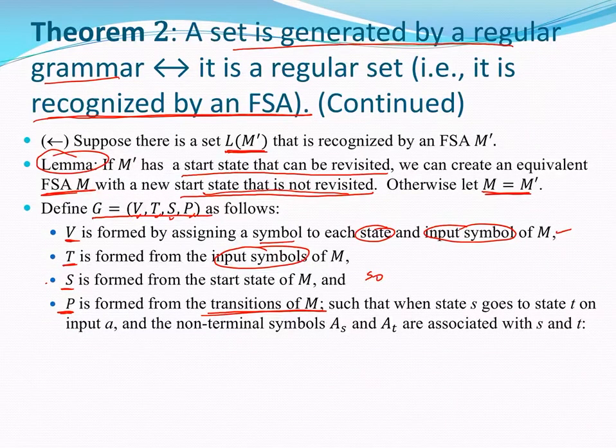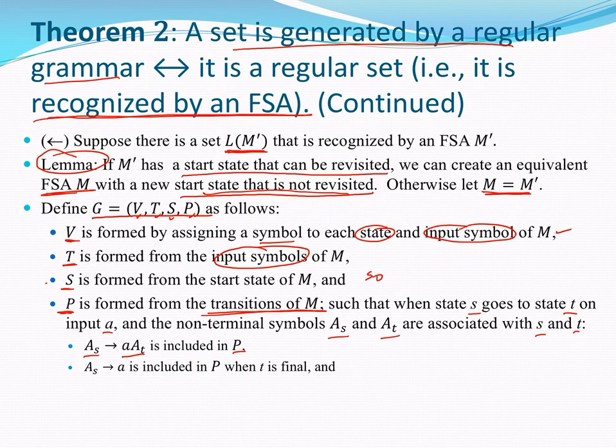So that when a state S goes to state T on input a, we have the non-terminal symbols A_S and A_T that are associated with those states. And I include the production A_S produces the terminal symbol a followed by A_T in my production rules.